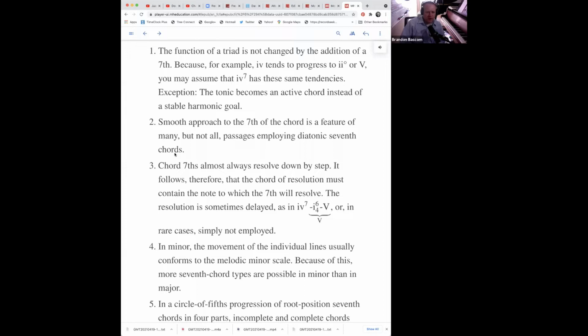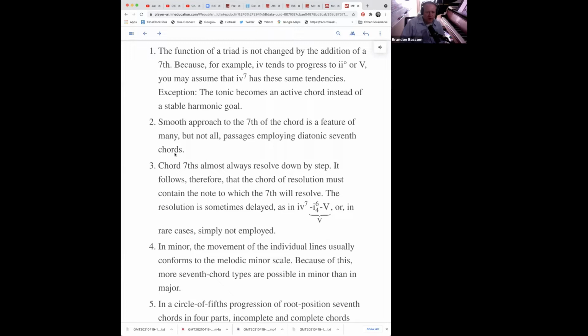We've got a G, an E, a C sharp, and a B. What kind of chord is it? Seven. Good. It is a 7.